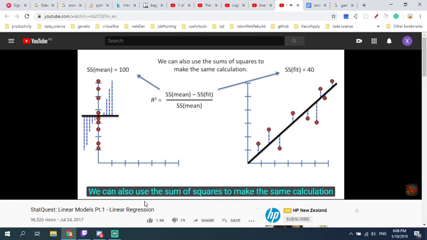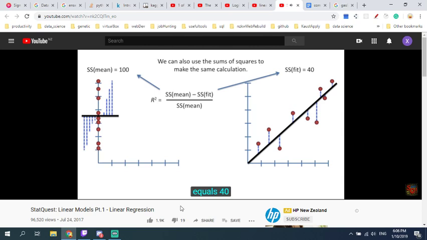We can also use the sum of squares to make the same calculation. This is because when we're talking about variation, everything's divided by n, the sample size. Since everything's scaled by n, we can pull that term out and just use the raw sum of squares. In this case, the sum of squares around the mean equals 100, and the sum of squares around the fit equals 40.